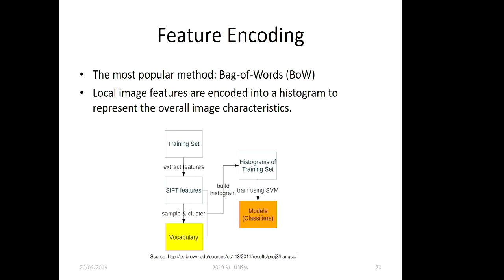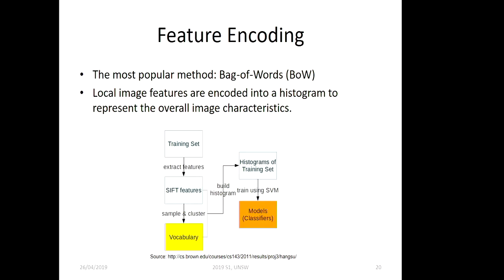If you write lots of "I" in the text, then the number of I's becomes one element in the feature, and you append all the word counts into a vector. That becomes a histogram representation of the text, and that is called the bag of words.